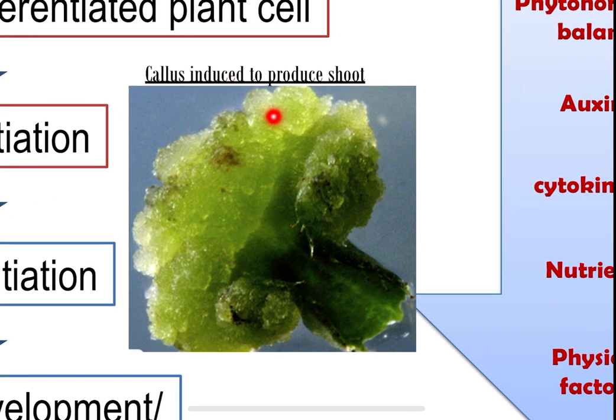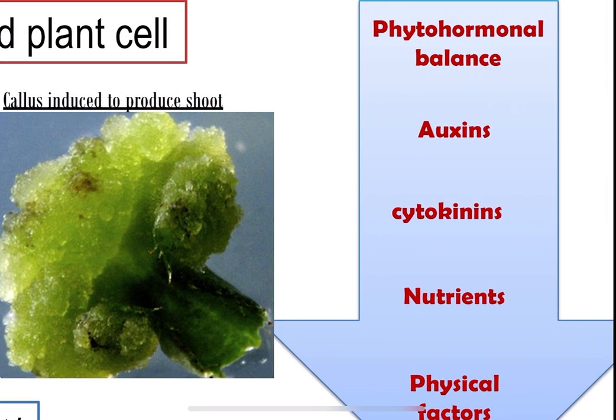Then you can induce this callus to produce shoot. So here you can see shoot formation is taking place, and this shoot or root formation depends upon the exact balance and quantity of auxin and cytokinin.